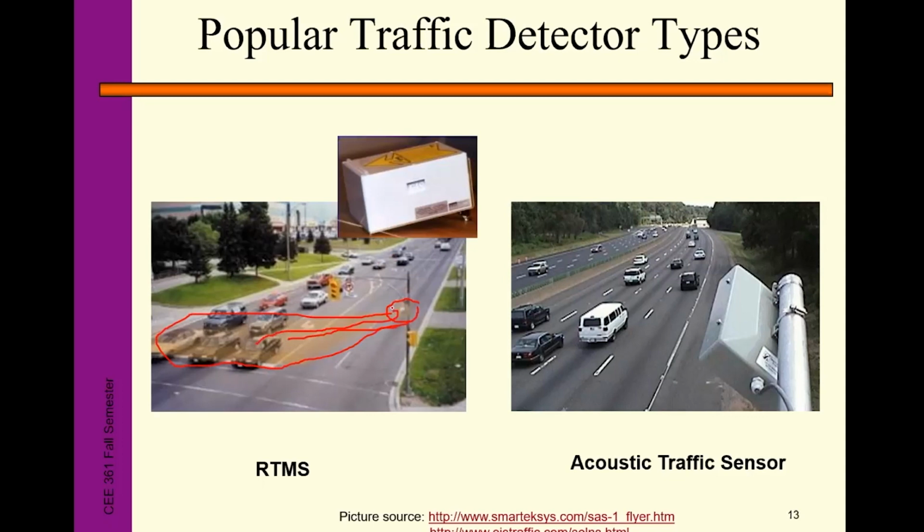Then the sensor compares the foreground and background information and identifies if there's an object in the detection zone. We assume that if there's an object in the detection zone on the roadway, it must be a vehicle, and then we can identify, okay, there's a vehicle. This is the detection mechanism for remote traffic microwave sensors.